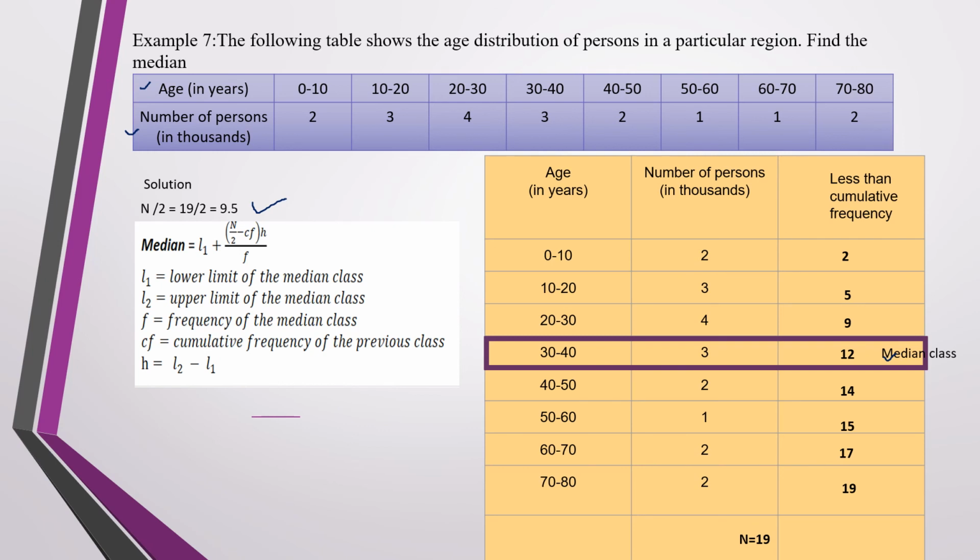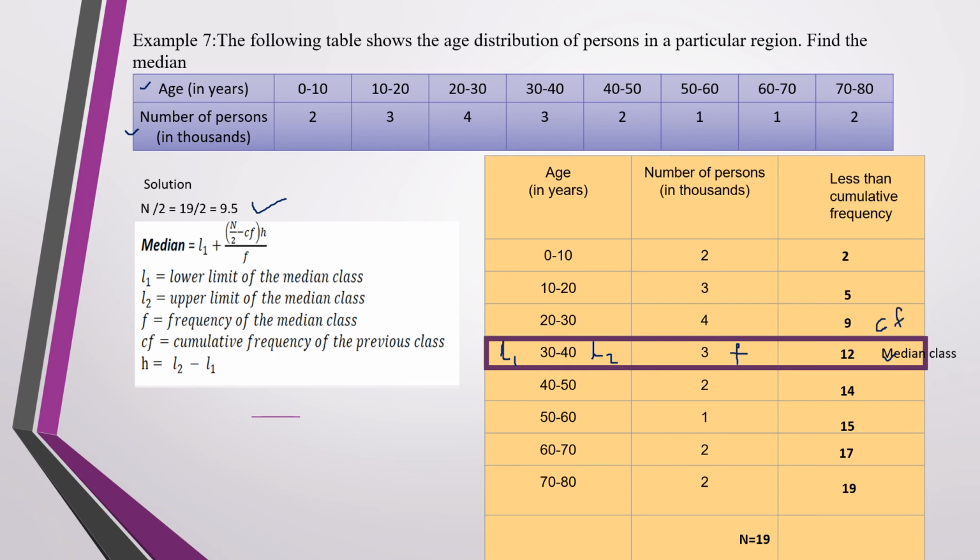Now here we have these values. So this becomes our L1. This is our L2, and this is the frequency of the median class. 9 is the cumulative frequency of the previous class.